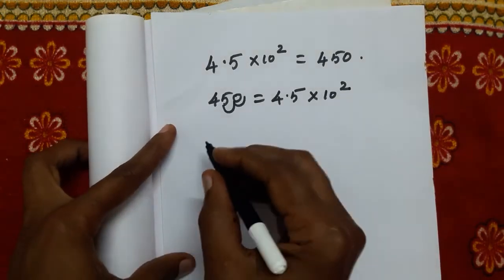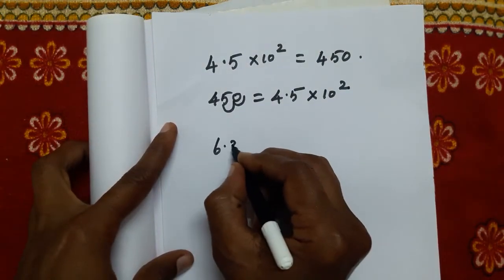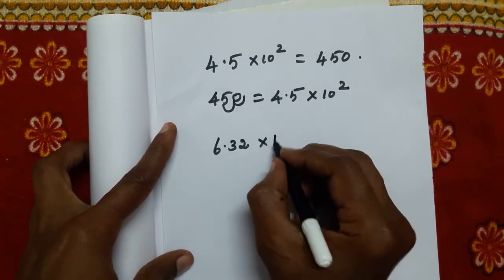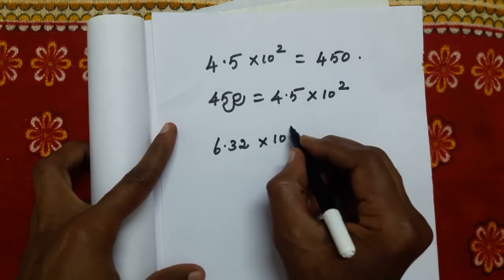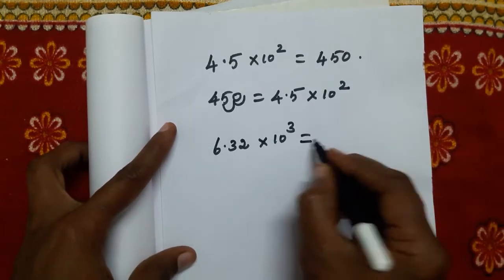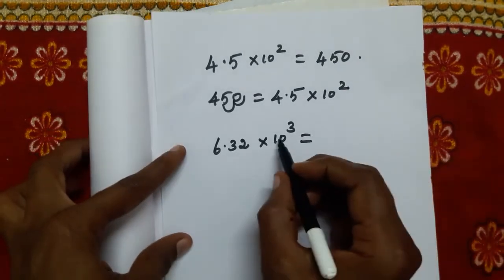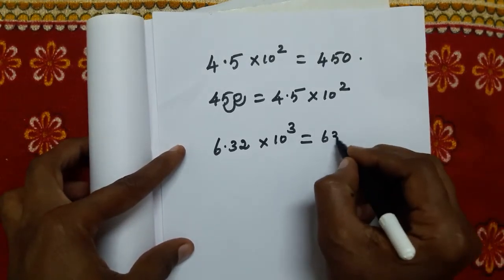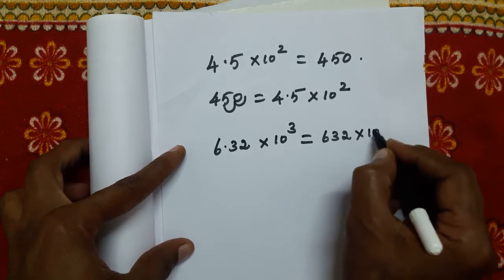One more example: 6.32 into 10 power 3. 10 power 3 means we have to multiply by 1000. That means 6.32 into 1000.